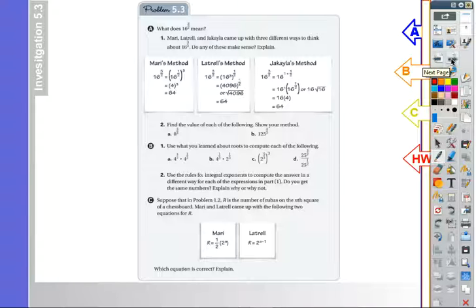So on question A, you have this problem right here, 16 to the 2/3 power, and you have 3 students who solved it in different ways. You are to look at these 3 methods of solving the problem and decide, do they make sense? If they don't make sense, why not? If they do make sense, why do they make sense?